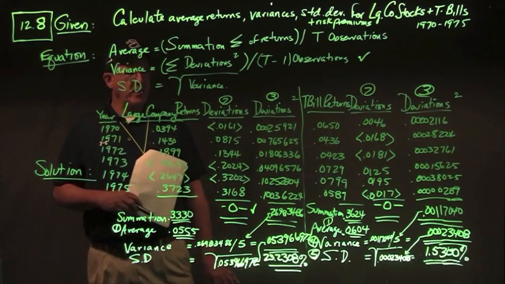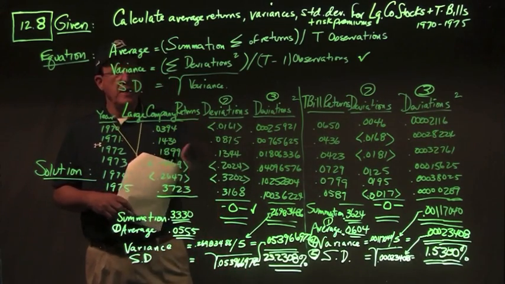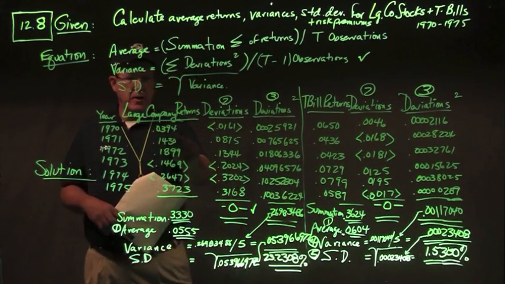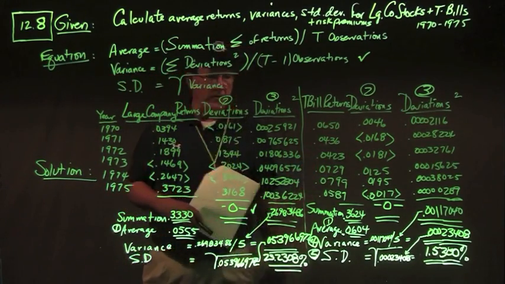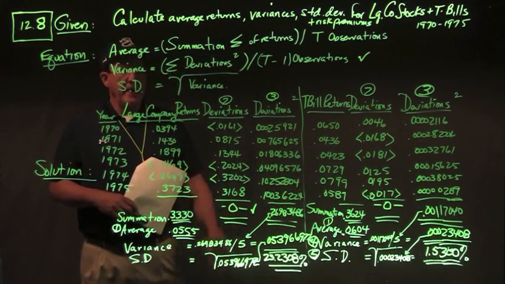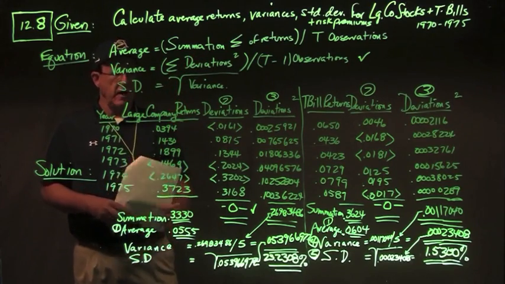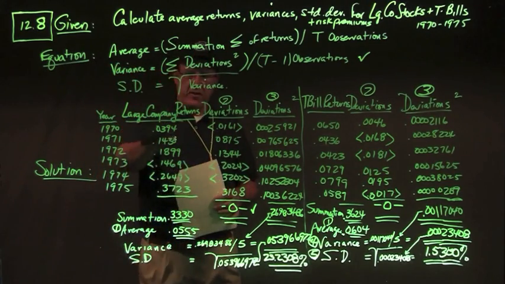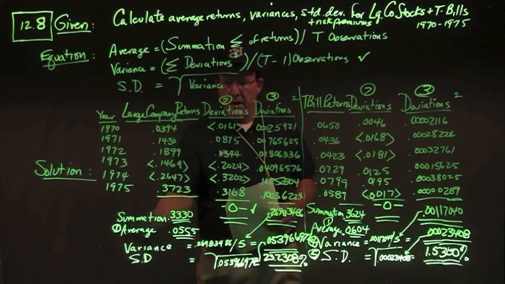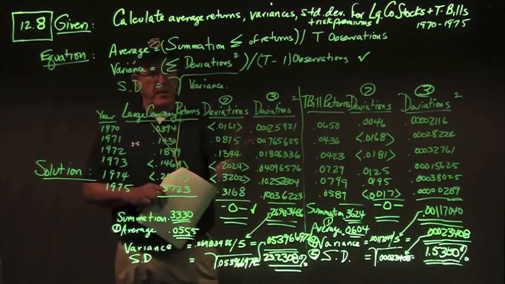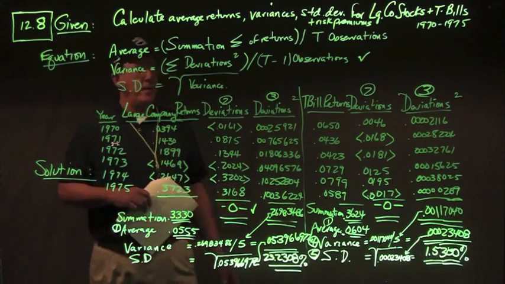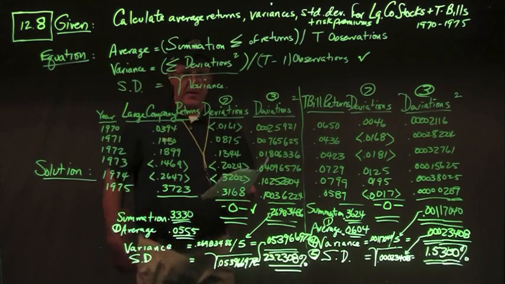So simply to get the risk premium, I'll leave this up to you as a challenge, I take these returns and subtract the T-bill or risk-free rates. 0.0394 minus 0.0650, 0.1430 minus 0.0436, and so on, and calculate a new set of returns called the risk premium, for these 6 numbers, and then do the deviations, squared deviations, sum them up, go through these steps and calculate the risk premiums, calculate the variance, and calculate the standard deviation of the risk premium. That's your challenge part of this problem. I'm not going to do that.